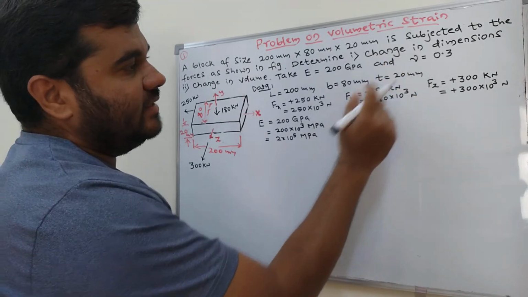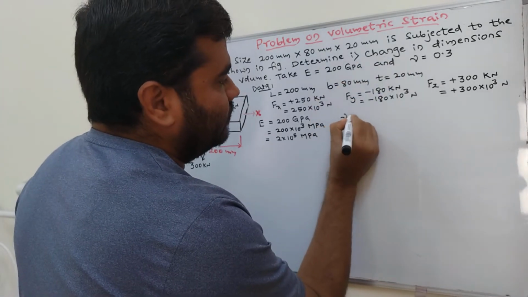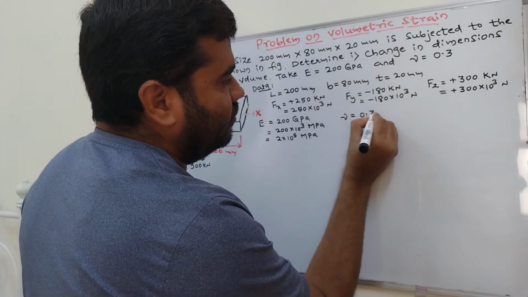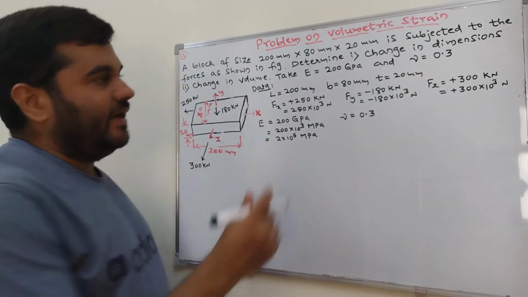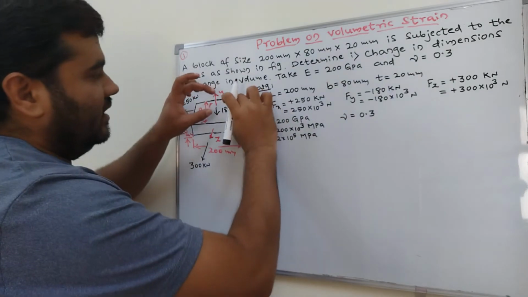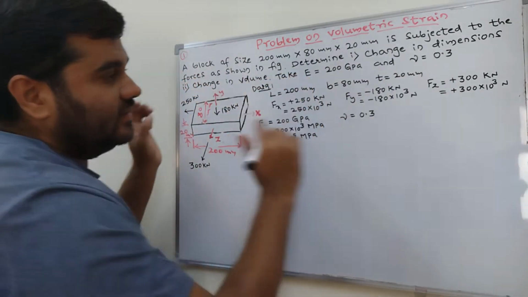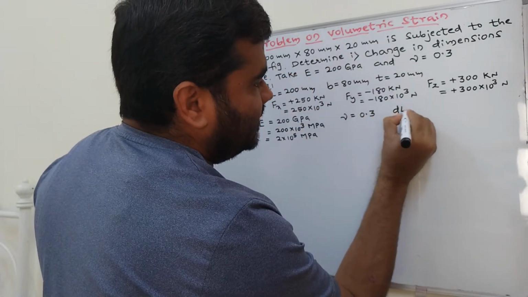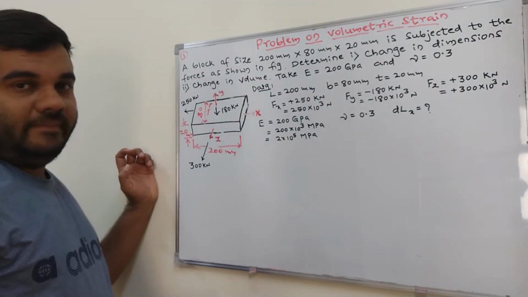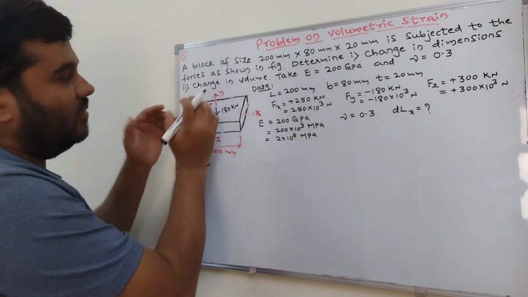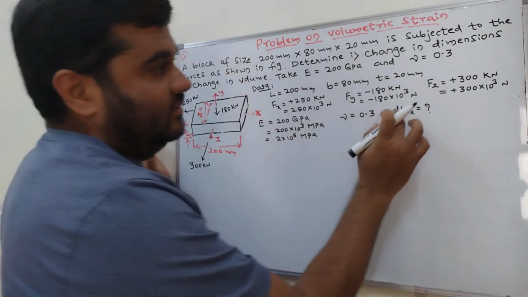And what other data is given? Poisson's ratio. That is nu equal to 0.3. Poisson's ratio. Okay, we need to find out change in dimensions. Along the length, I need to find out change in length in x direction. Next, in y direction, how much it will change in dimension.